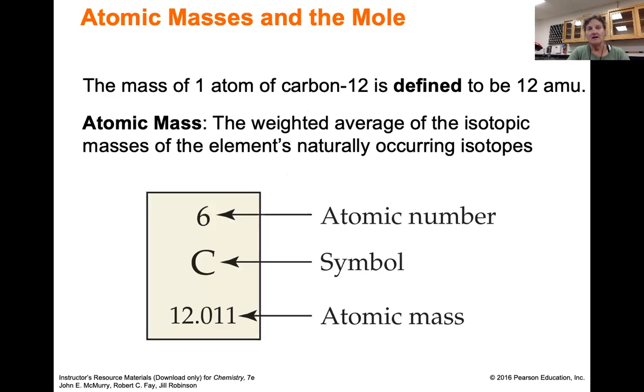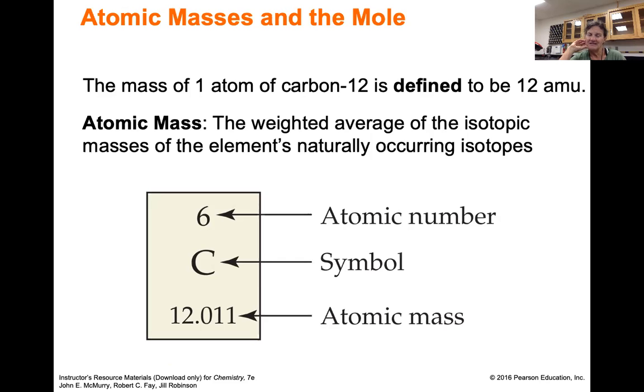So when we think about the mass, it's important to realize that if you have different numbers of protons and neutrons, you're going to have different masses for each element. So by definition, we say that the mass of one atom of carbon 12 is defined to be exactly 12. And so when we look at the atomic mass at the bottom on your periodic table, the atomic number is at the top, the symbol in the middle.